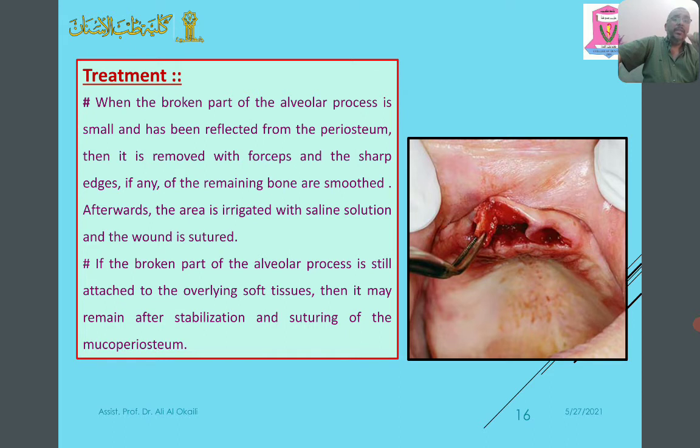Afterwards, the area is irrigated with saline solution and the wound is sutured. If the broken part of the alveolar process is still attached, ممكن أحيانا تظل لازقة ويا السوفت تيشيو ويا البريوستيوم, then ممكن نرجعها adapted again and stabilized and suturing of the soft tissue.